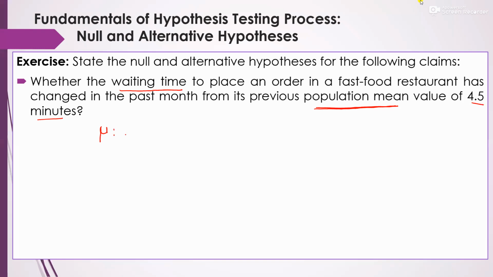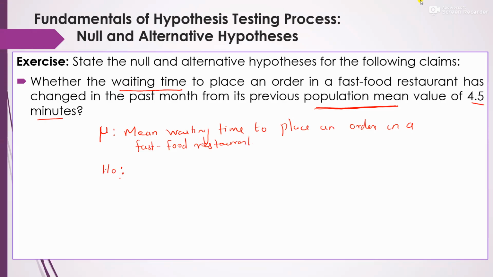Mu is the mean waiting time to place an order in a fast food restaurant. Right? Then H naught.